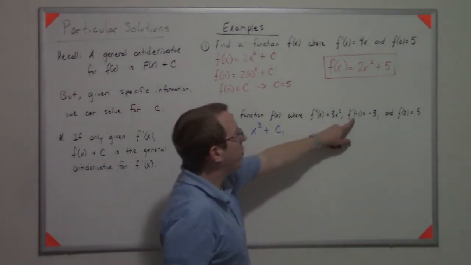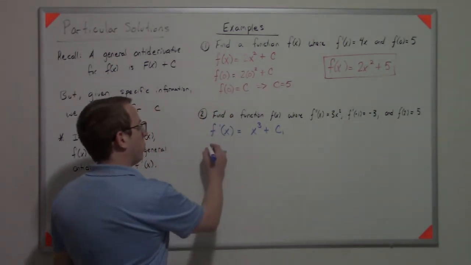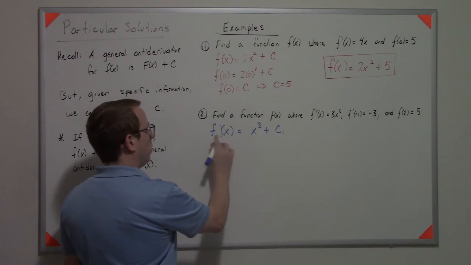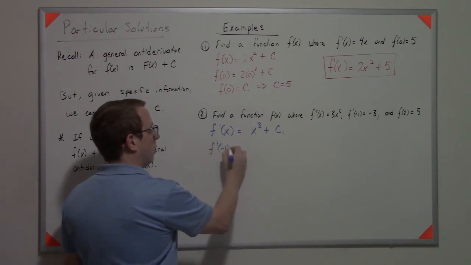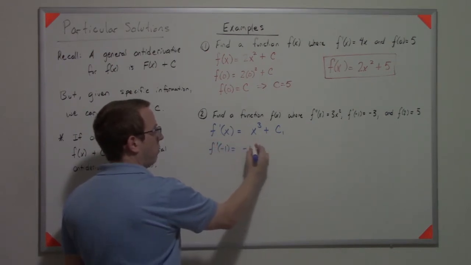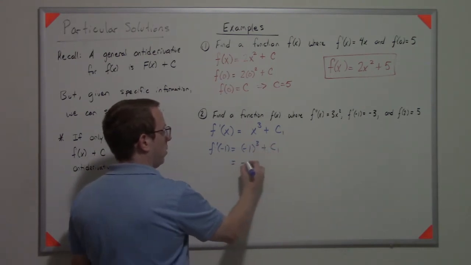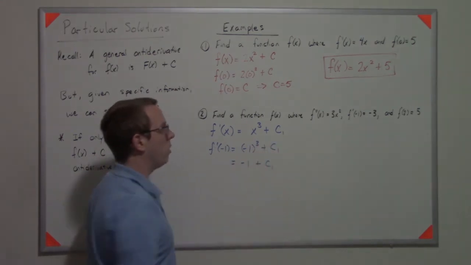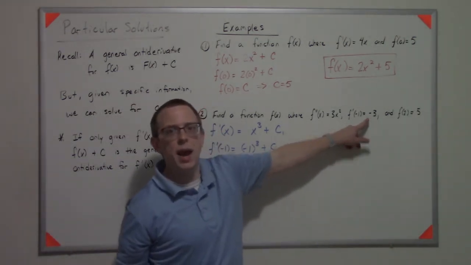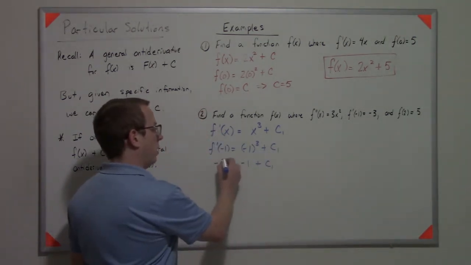And I know that f prime of negative 1 is negative 3. So that's going to be negative 1 cubed plus c1, which is negative 1 plus c1. But I also know that the output is negative 3.